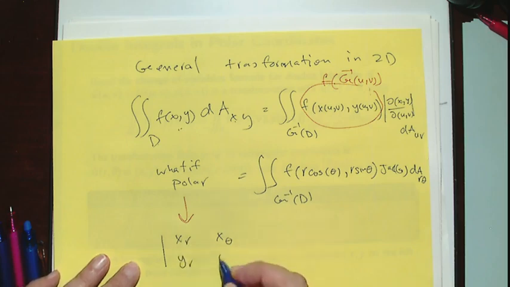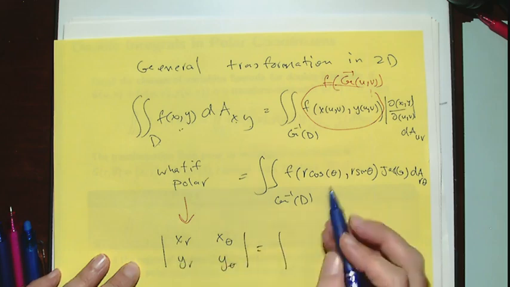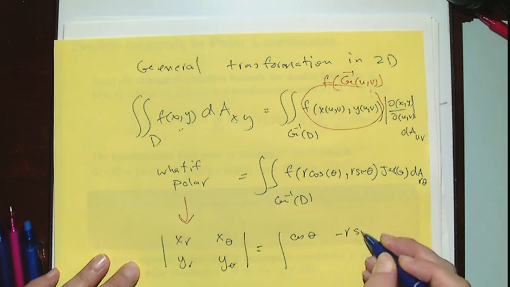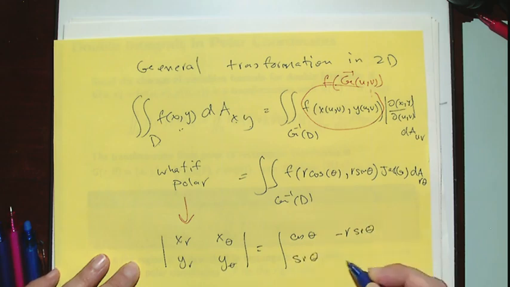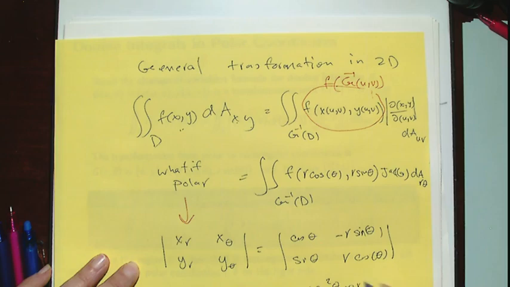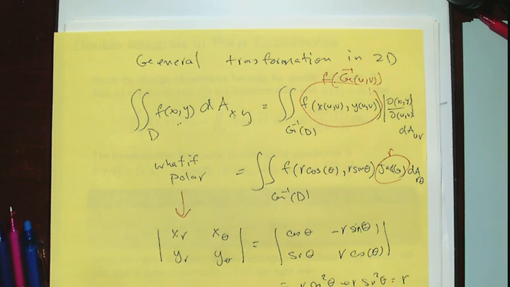And y sub r, y sub theta, which is going to be, x sub r is cosine theta, minus r sine theta, sine theta, r cosine theta, which gives you r cosine squared theta plus r sine squared theta, which is equal to r. So this Jacobian is going to be r.